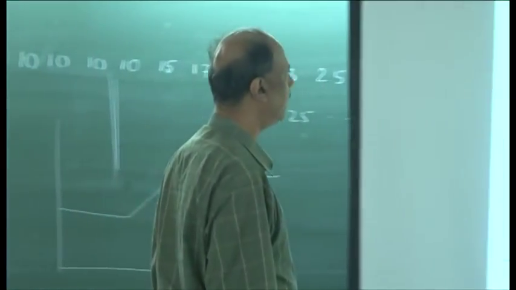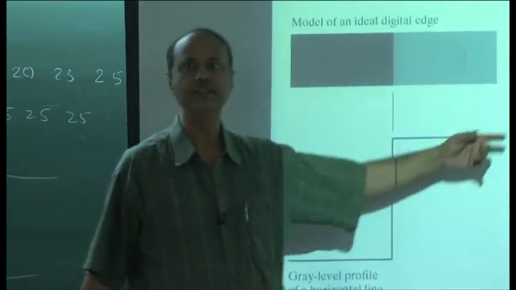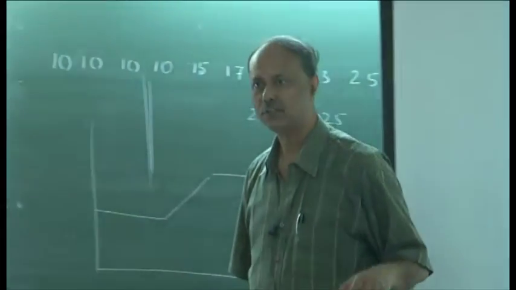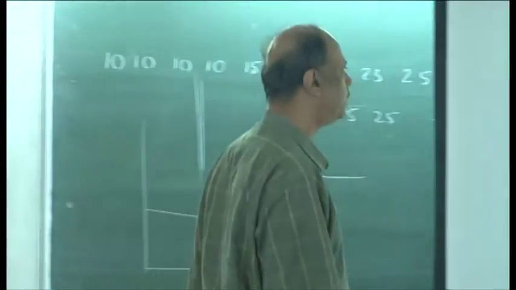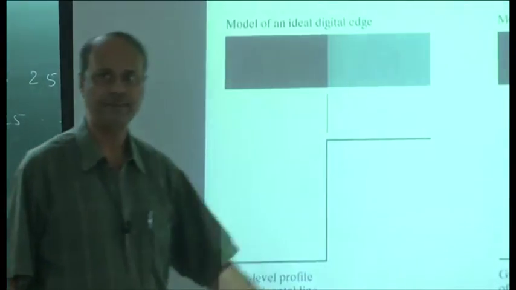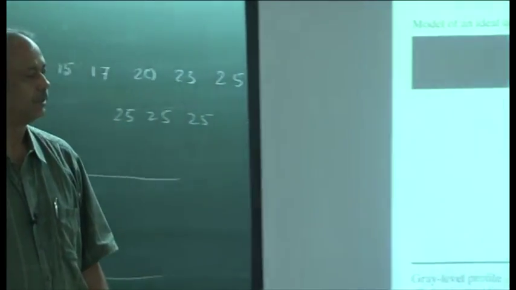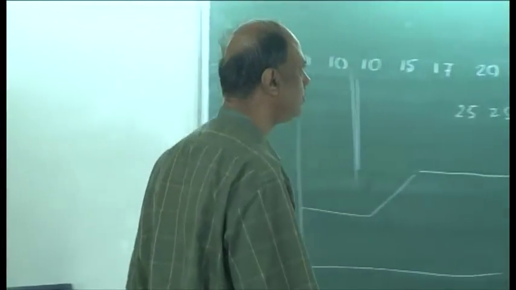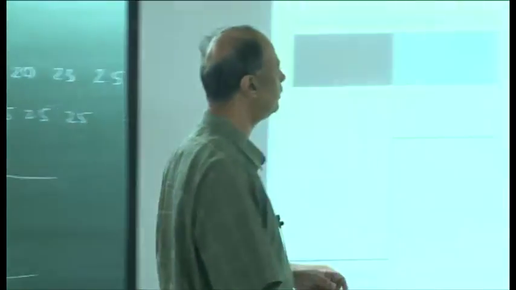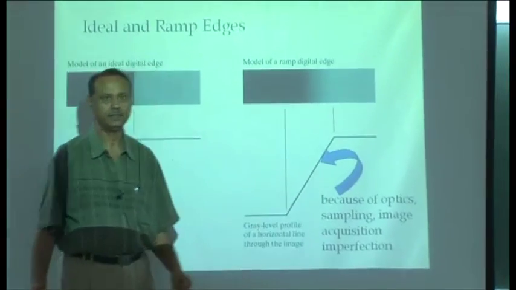This is the ideal scenario, but in reality you will find it is not a sudden change; it changes slowly. This slow change may be because of your camera, the optics, or the image operations you perform on it. And this is your ramp component.